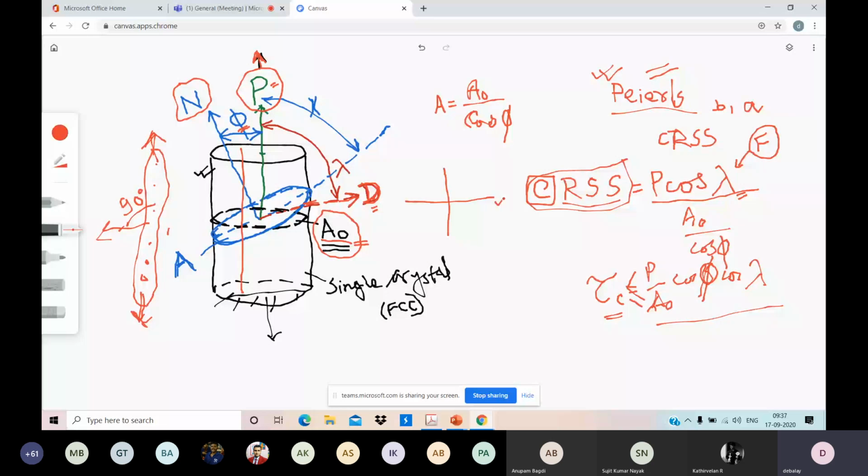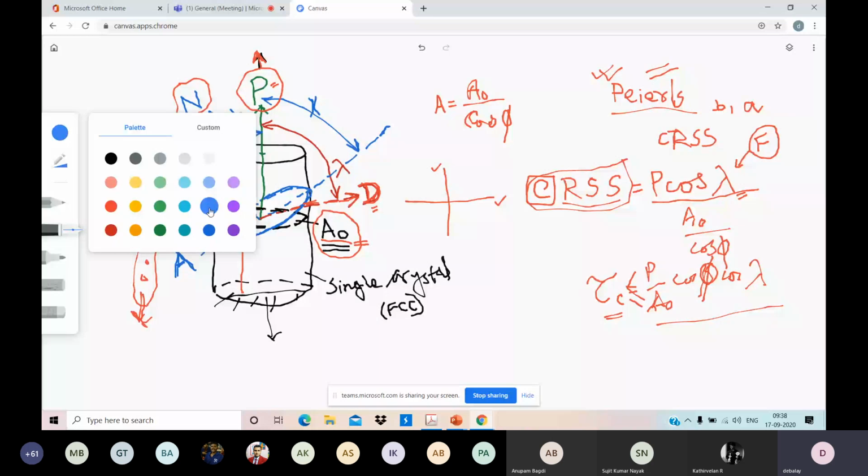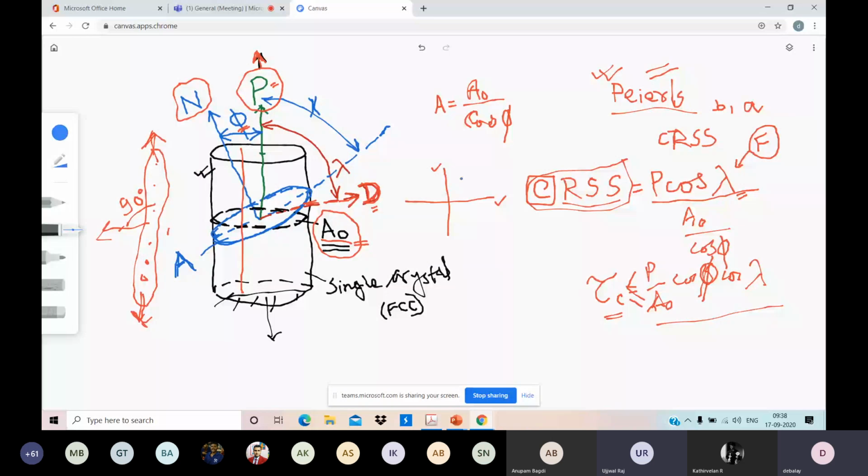So what would be the most favorable condition? According to this theory, what is the most favorable condition? 45 degrees, sir. 45 degrees, very important.